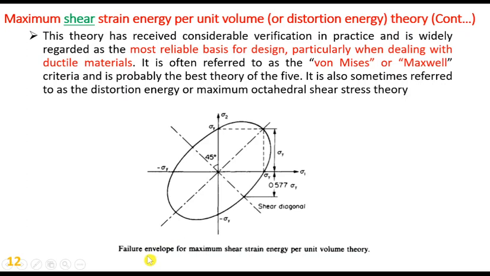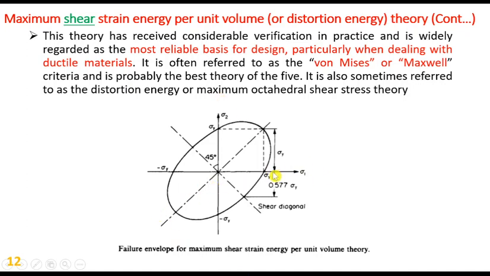So that is the failure envelope for the maximum shear strain energy per unit volume theory. If the value comes inside of this, the material will be safe, and if it is outside of this ellipse, the material will fail. How to draw sigma 1, sigma 2?